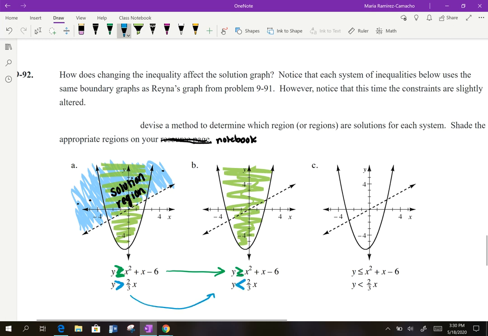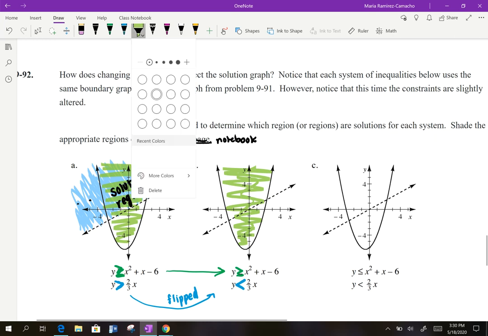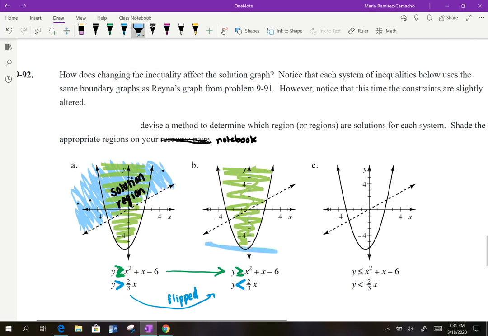So this has flipped, which means that instead of shading above the dashed line, now we are going to shade below the dashed line. Like this. Okay, so now our solution region is right here.